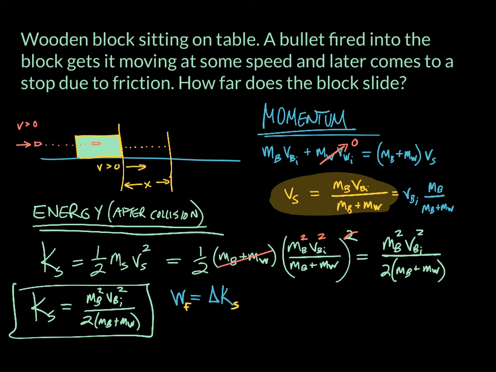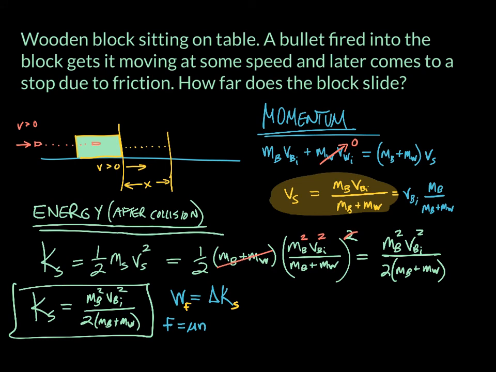So work done by friction. Well, that's easy. That's basically the friction force. We usually use lowercase f for friction, and that's going to be mu times the normal force, which we typically don't write as a capital. We write it as a lowercase n.